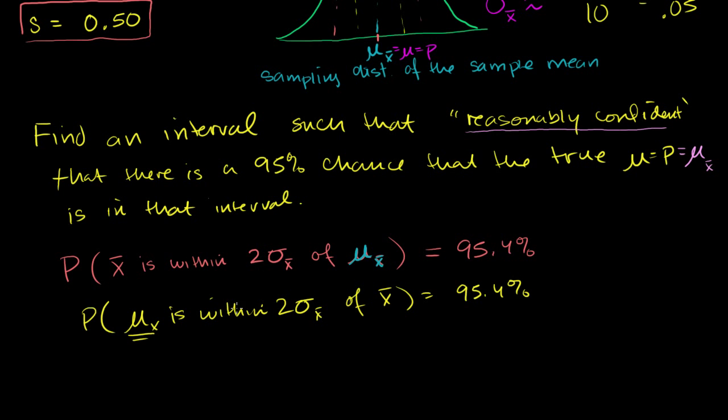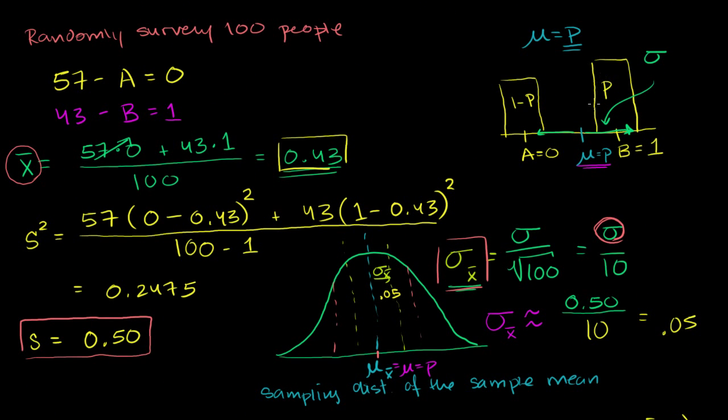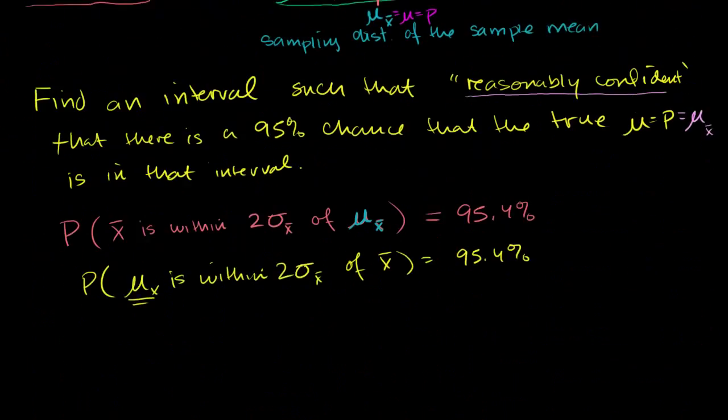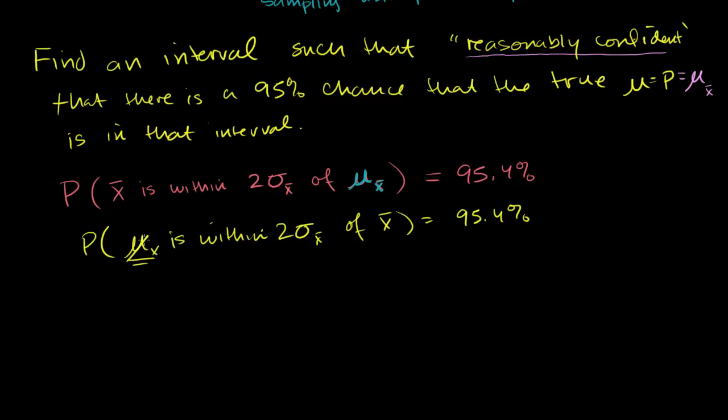Now we know that the mean of the sampling distribution is the same as the mean of the population distribution, which is the parameter p, the proportion of the population that is a 1. So we can switch this with p: the probability that p is within two standard deviations of the sampling distribution of x is 95.4%.